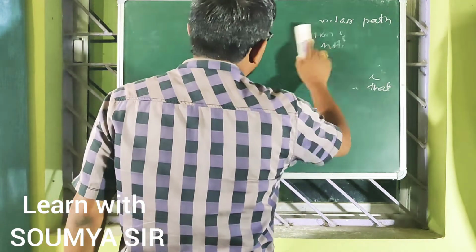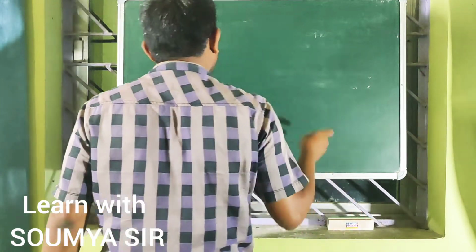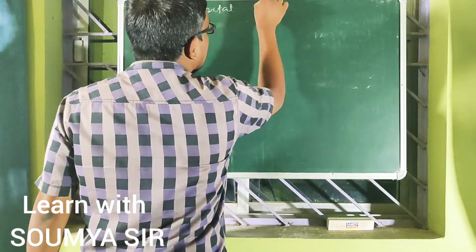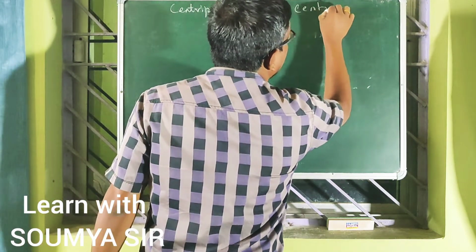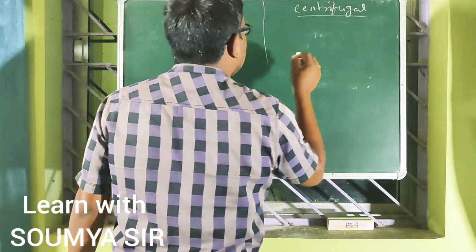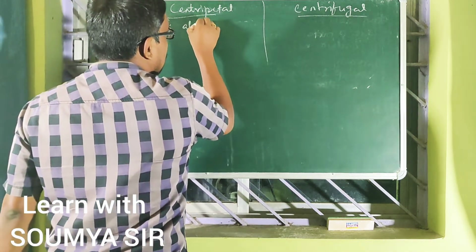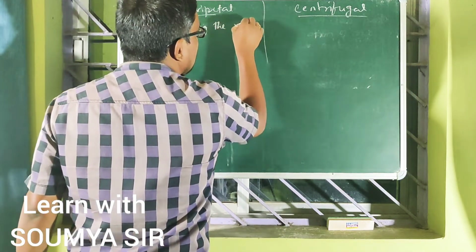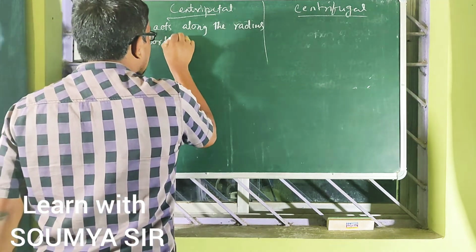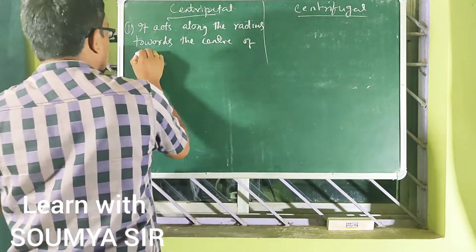Okay, now we'll go to the difference between centripetal and centrifugal force. This side is centripetal, this side is centrifugal. It is a 2-mark question. Number 1, centripetal force acts along the radius towards the center of the circular path.